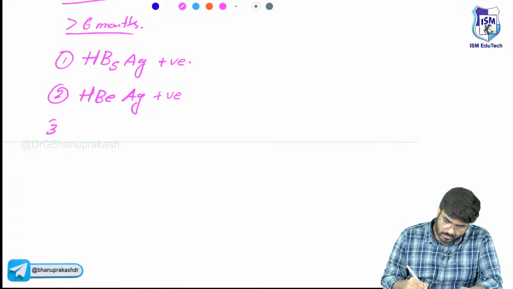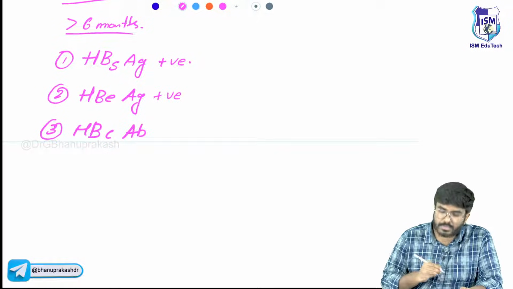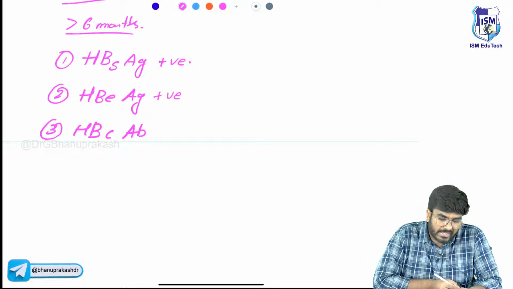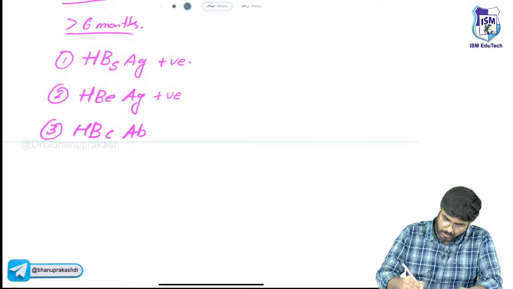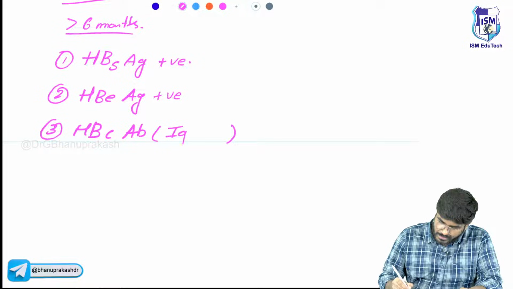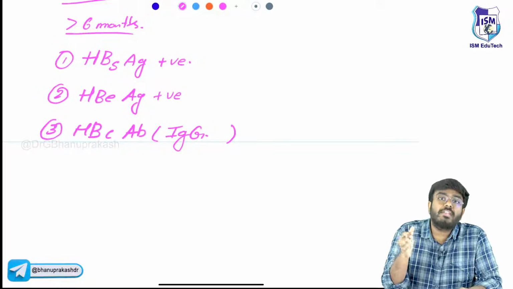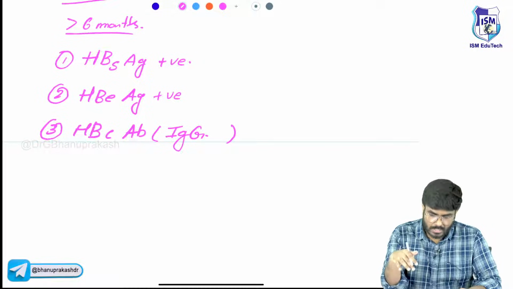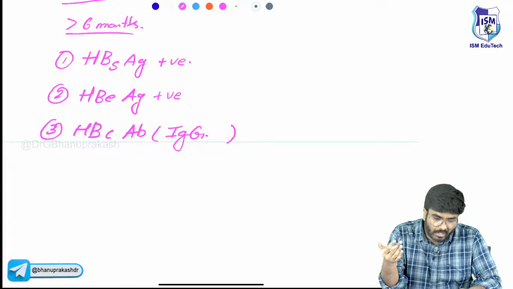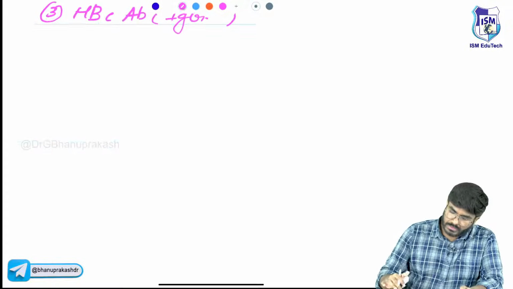Now next, anti-HBc antibodies can be positive. Of which type? IgG type, seroconverted. Now it is a chronic infection, so hepatitis B core antibodies are present, but of IgG type. So here take a note.